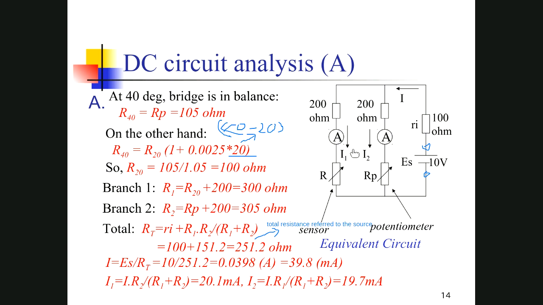But here we're using a more straightforward way to estimate the currents. So we got the total resistance referred to the source. Then we can estimate the total current out from the source.